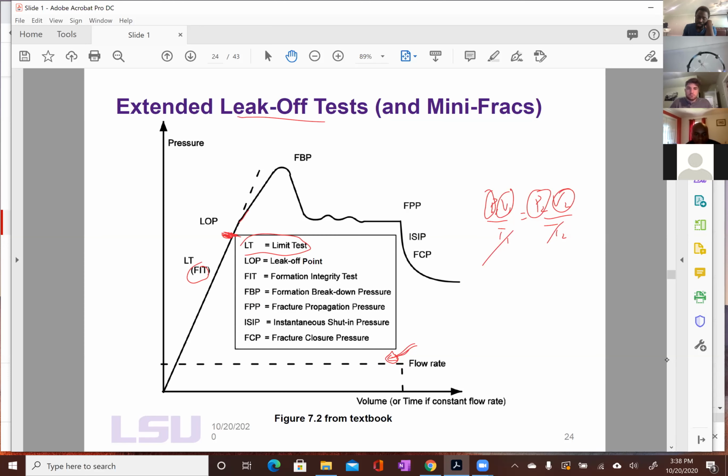Why? Because that point at which the slope changes is called what? Leak-off point. Above that, the slope changes. Why? The fact that the slope has reduced, it not only changed, it became smaller. So the rate at which the pressure is building up is now lower than it was before, meaning the fluid is going somewhere, right?